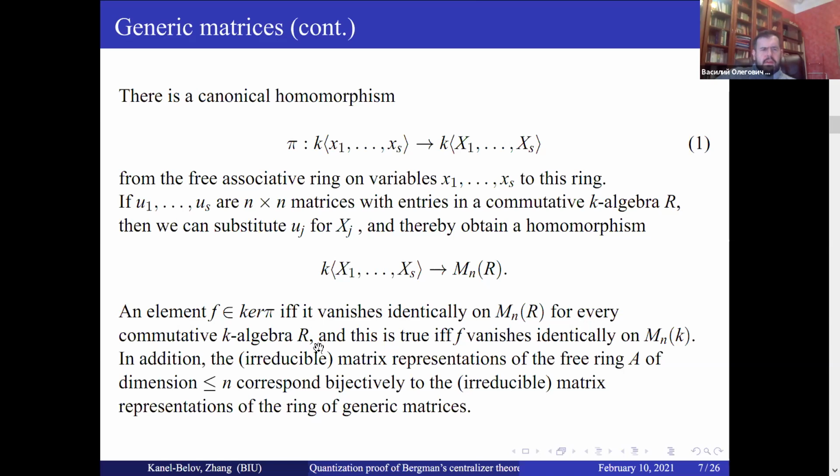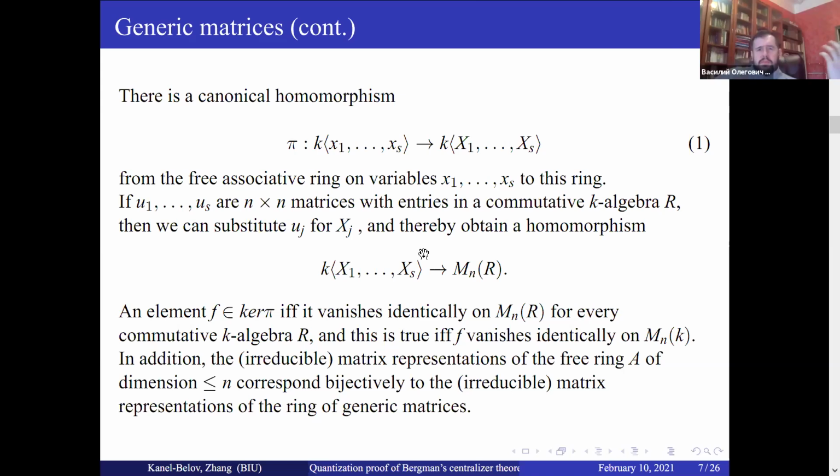Excuse me, about what the map is. How do you define it? Actually, we map each indeterminate x_i to a generic matrix X_i. Big X_i is a generic matrix, so the generators of the free associative algebra are sent to the corresponding generators.